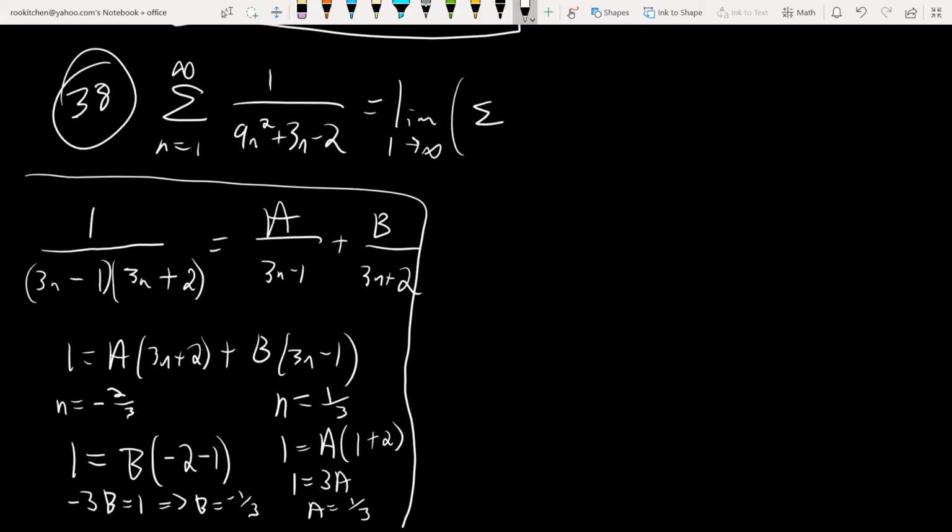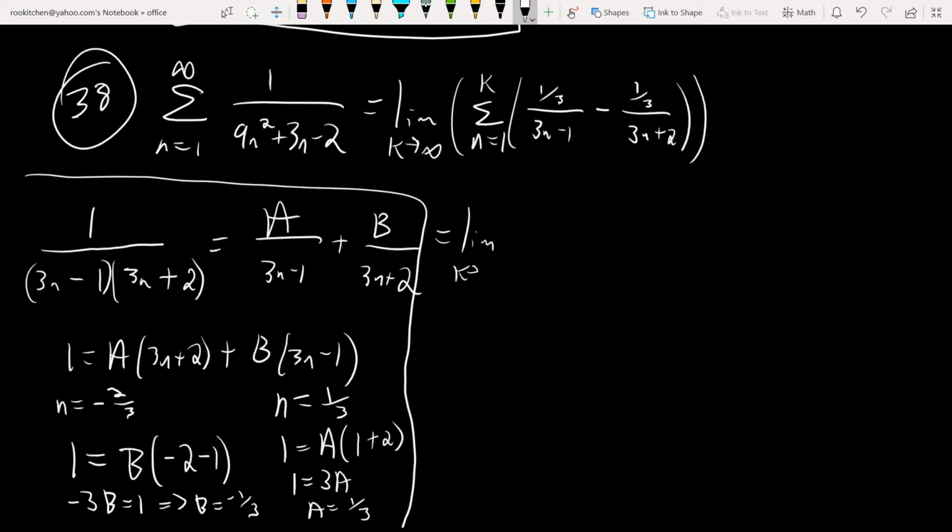So we'll go from n equals 1 to k of 1/3 all over 3n minus 1 minus 1/3 all over 3n plus 2. Okay, and we want to expand that thing and take its limit. Because the summation is now finite, you can factor the 1/3 out, and you'll have the limit as k goes to infinity of 1/3 times this telescoping sum.